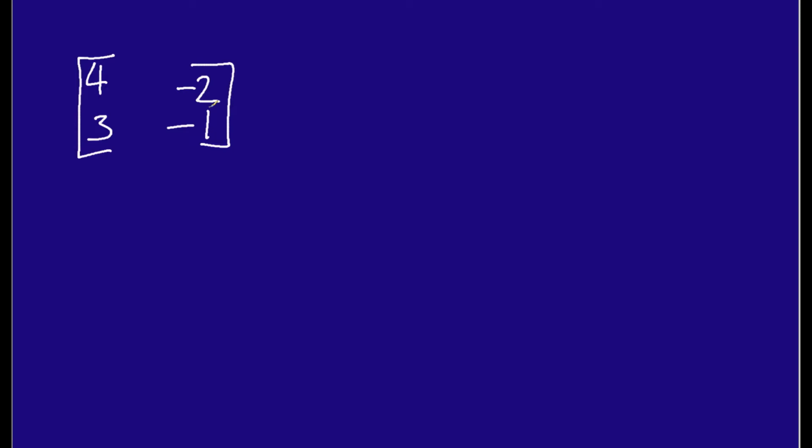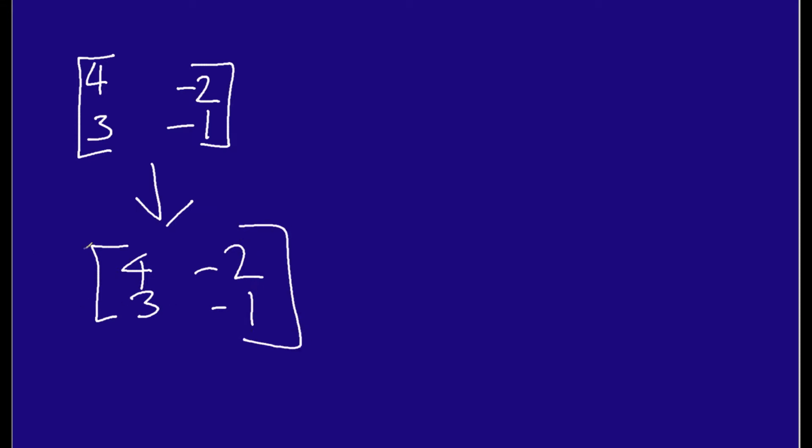Now, basically the determinant is a single value that represents the matrix. And again, if it's 0, that means there's no solution. If it's beyond 0, that means there's some solution out there for you. How we do this is that you multiply the diagonals, if you will. If I draw this again, it would be 4, -2, 3, -1, like so.